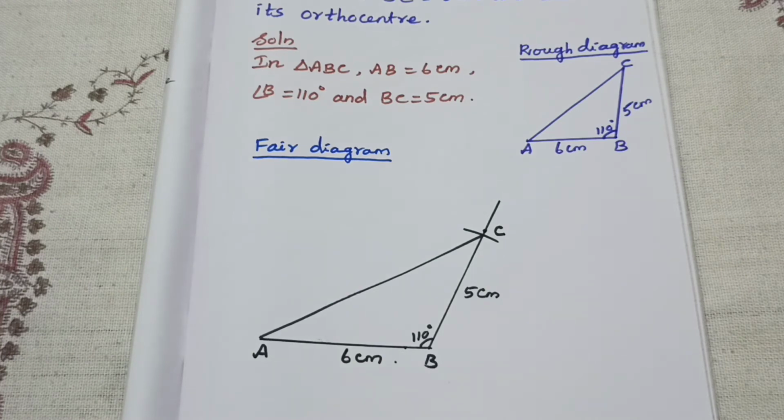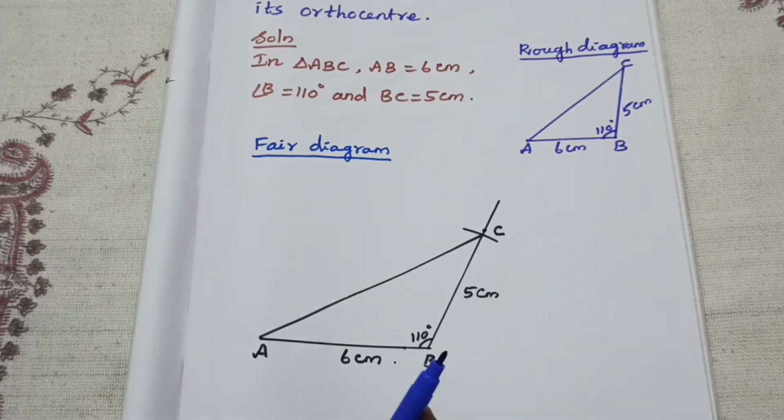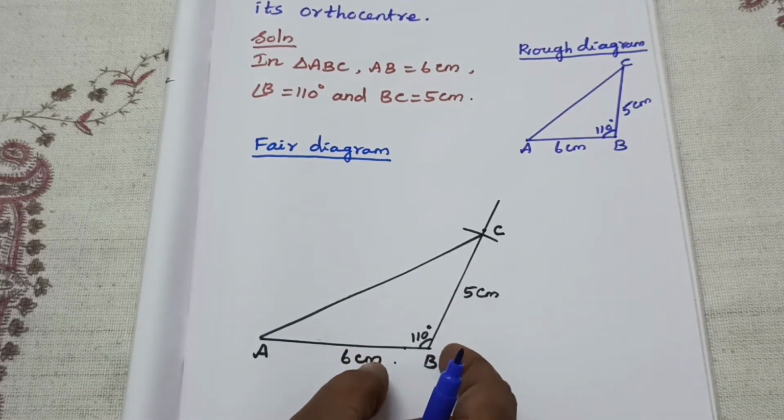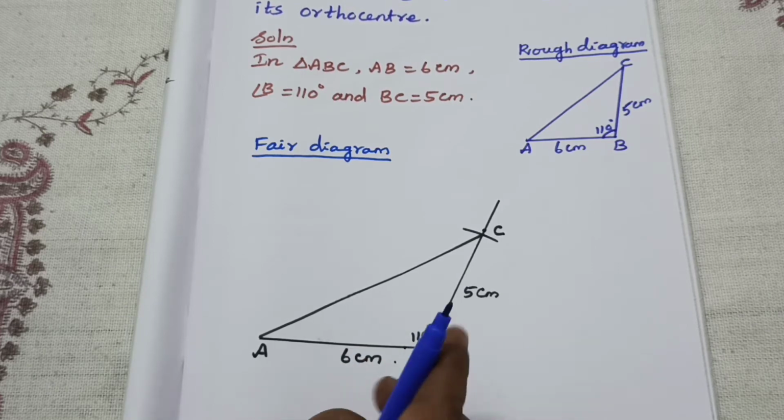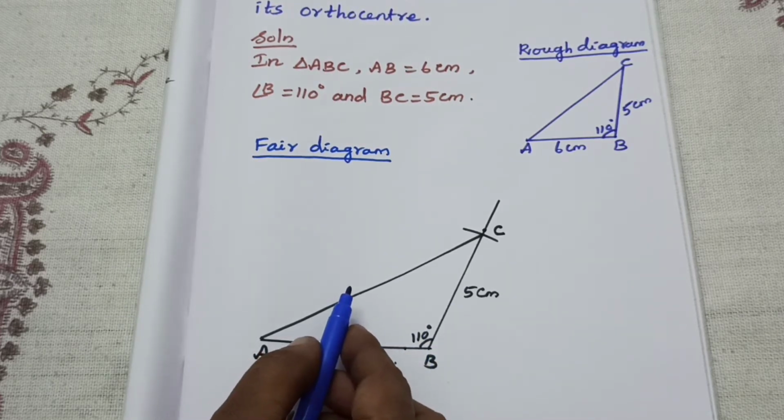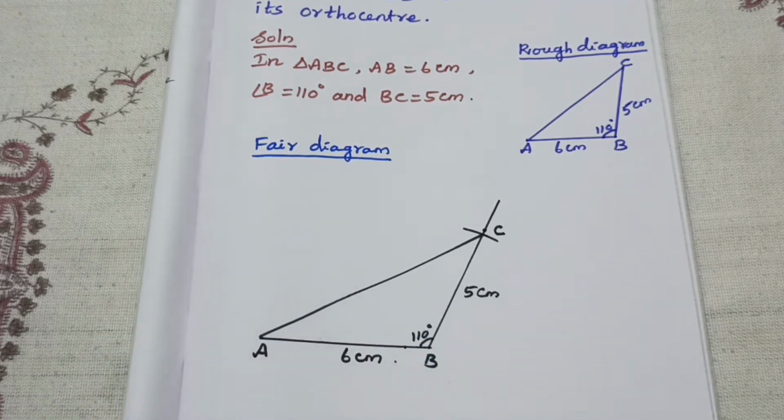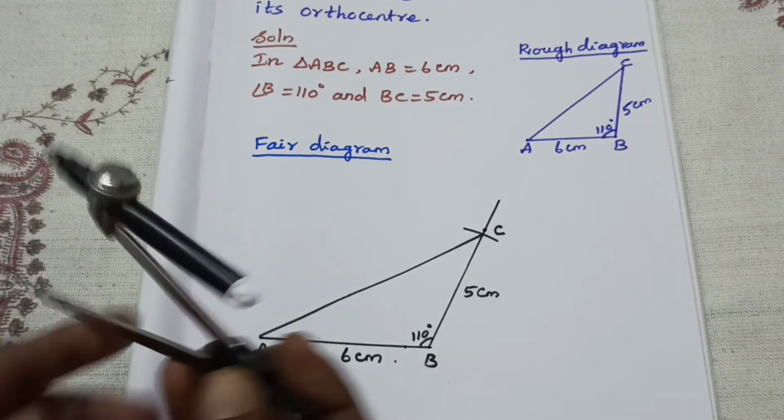Then afterwards we have to construct the altitude from any two vertices. Which vertex shall we take? Shall we draw from vertex B?